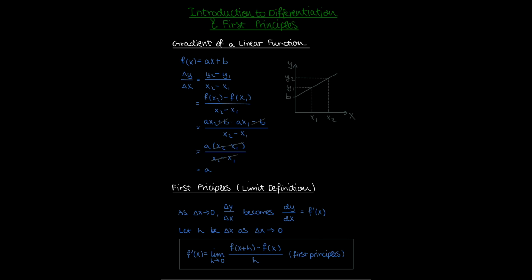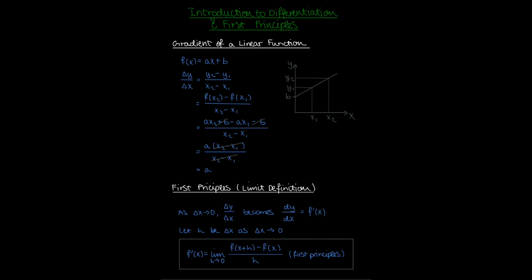So we can just copy this f of x2 minus f of x1 divided by the difference in x. But let's say that the difference in x is now h, and we're letting h tend to 0, just for simplicity.